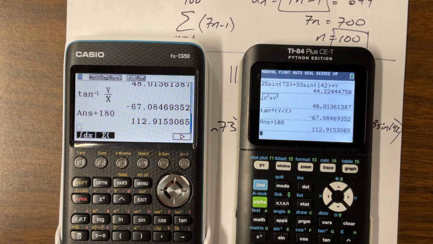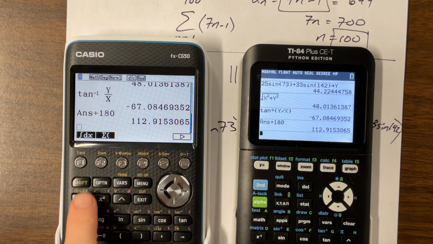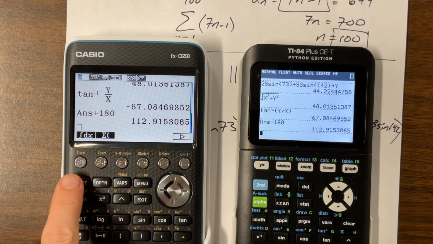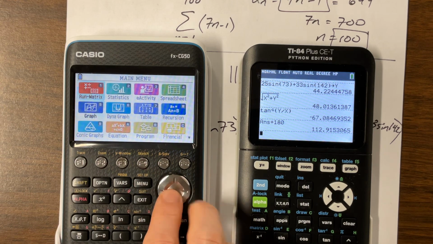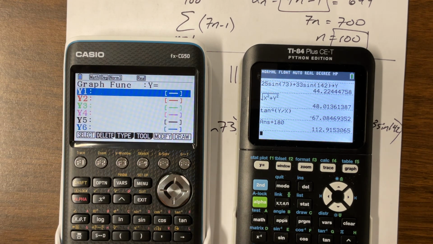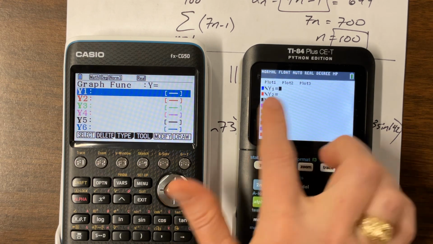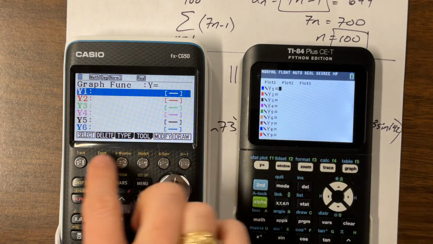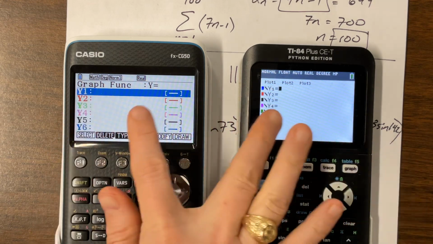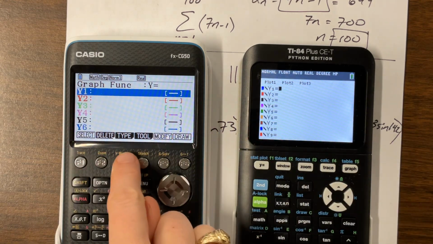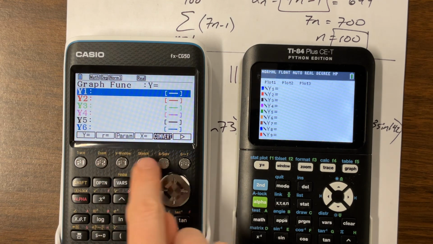Okay, now I want to talk parametric. And so what we need to do here, and we're going to go menu. We do a lot of graphing with parametric. I may not do everything. So if I go to y equals here on the TI, it just gives me y equals. Well, they both say y equals. On this one, when I want to change, I change the type to parametric right here.